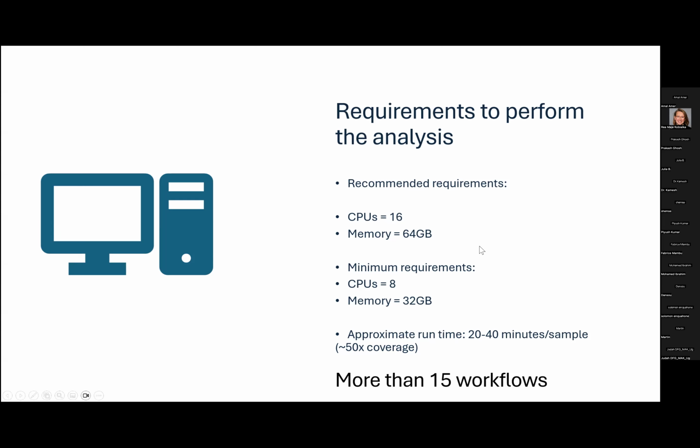If you look at the turnaround time, the time required for the analysis of each sample, it will take around 20 to 40 minutes, and even more if you have a very good coverage of your genome.